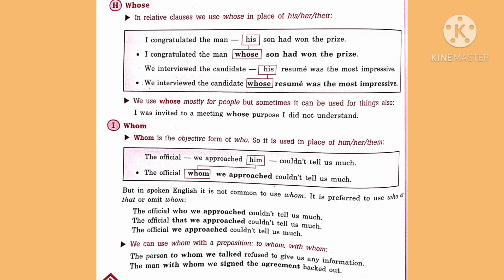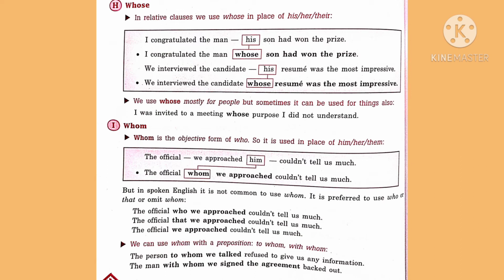Now let us understand when to use whose and when to use whom. We use whose in place of his, her, their. जब हमें प्रोनाउन his, her, their के रिलेशन में कुछ यूज़ करना है तो वी कैन यूज़ द वर्ड whose. So say for example, we interviewed the candidate. His resume was the most impressive.